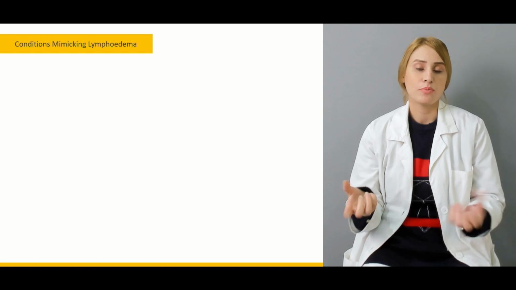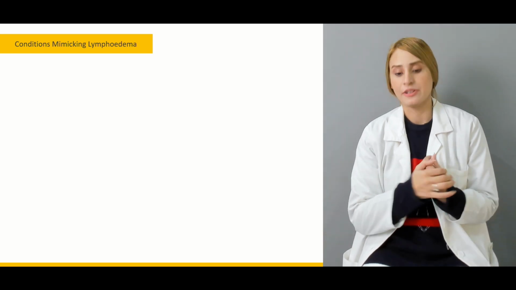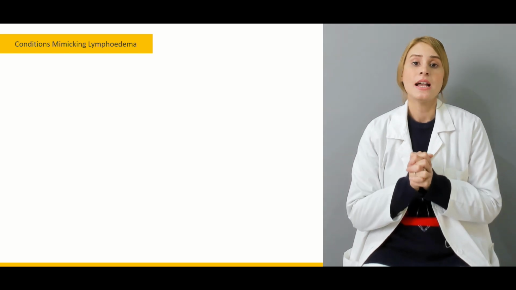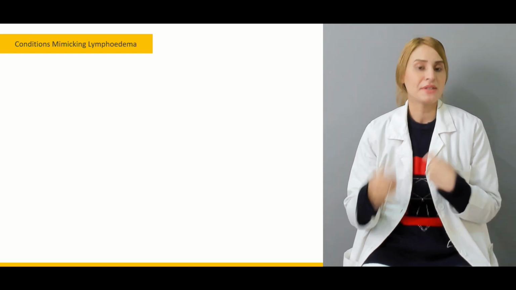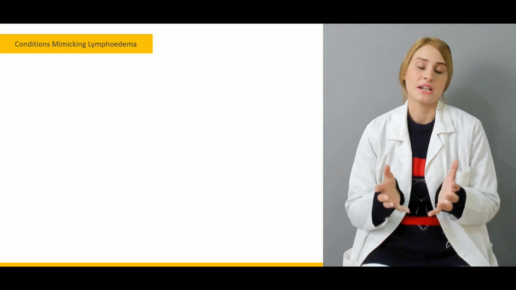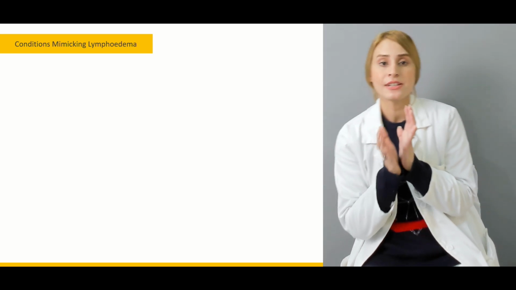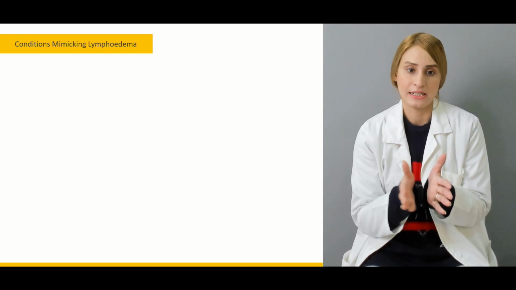Either it can be lower limbs or upper limbs as well. Because of that, there would be stasis, and the patient will develop a swollen limb. So it's a condition which is actually mimicking lymphedema.